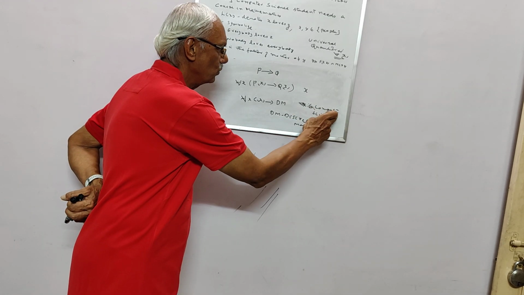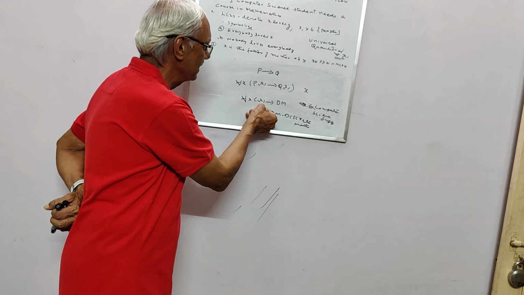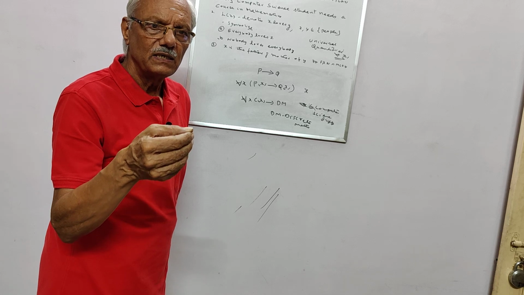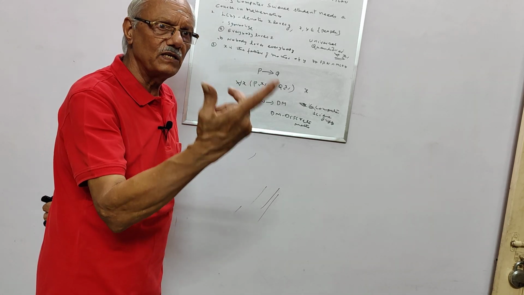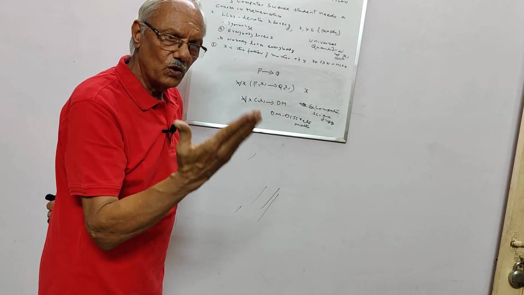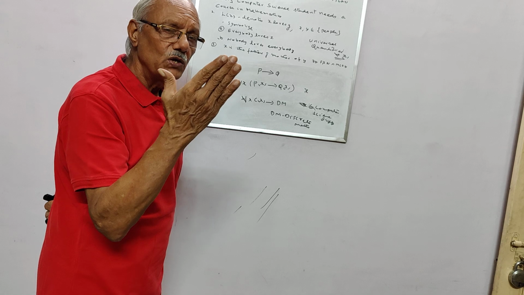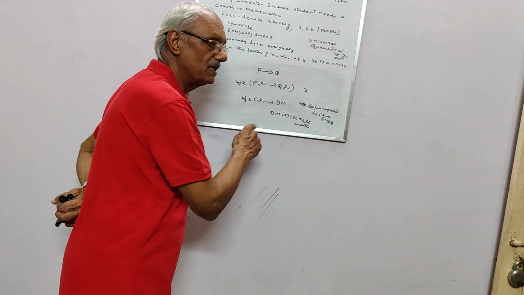X is a student of computer science. So C of x, if I write, it means that x is a computer science student. So for all x, C of x means for every student of computer science engineering, then it implies discrete mathematics.